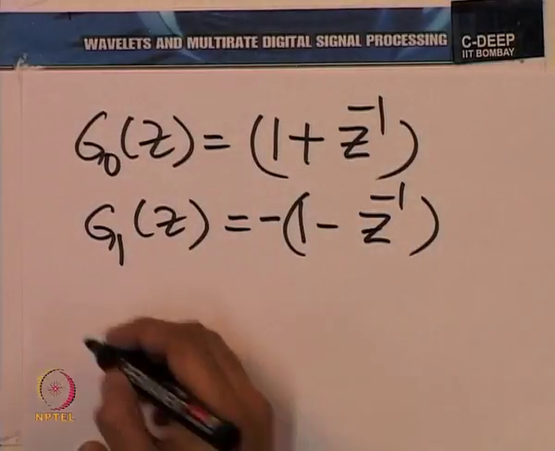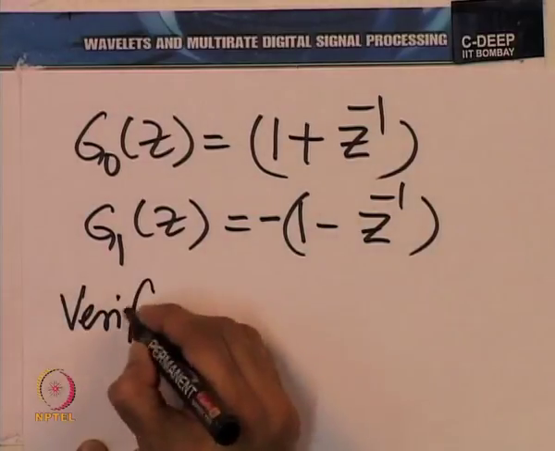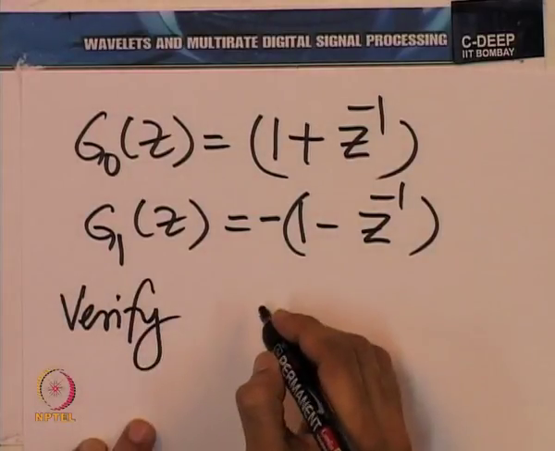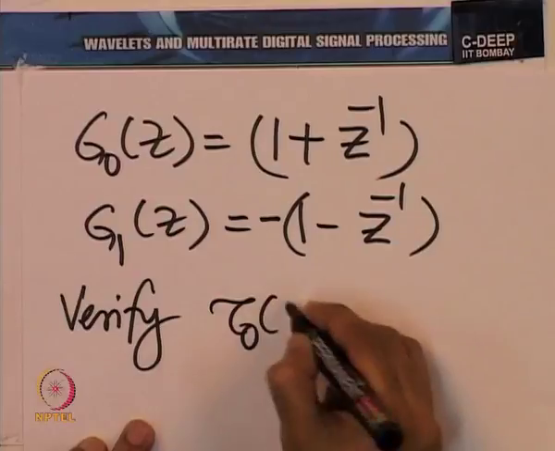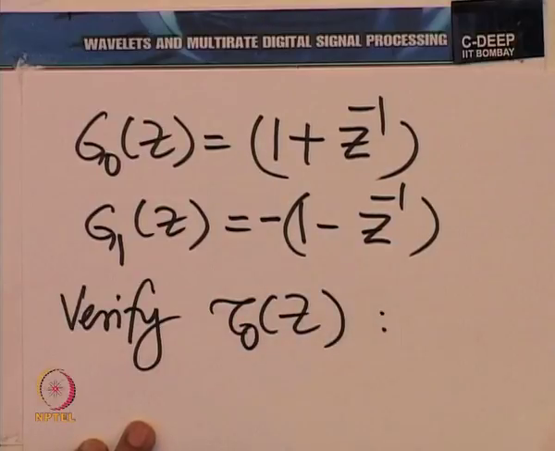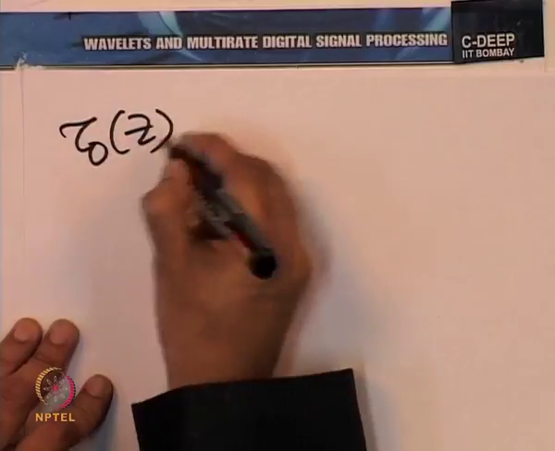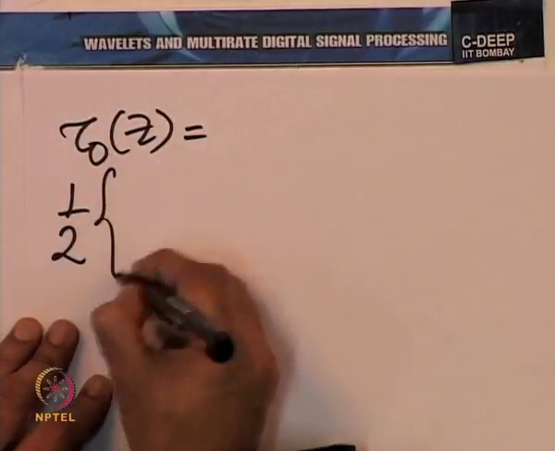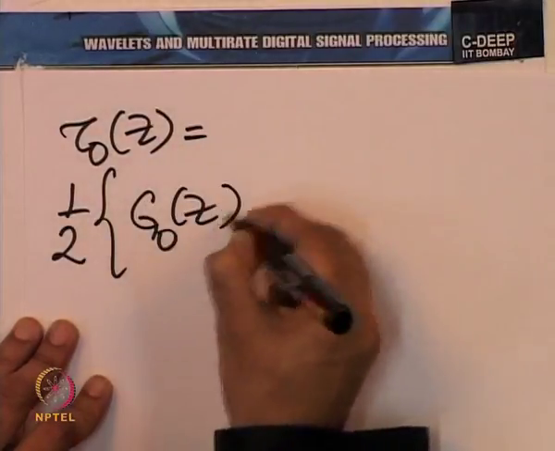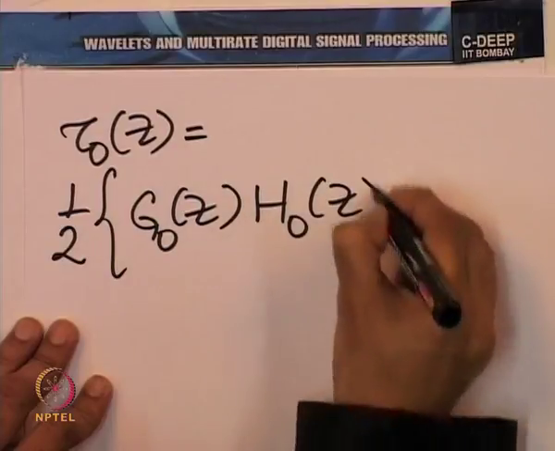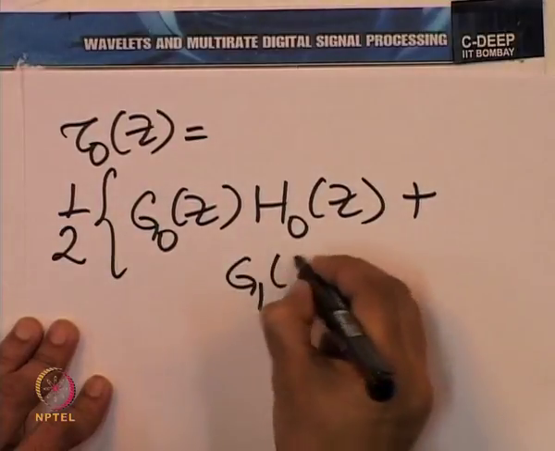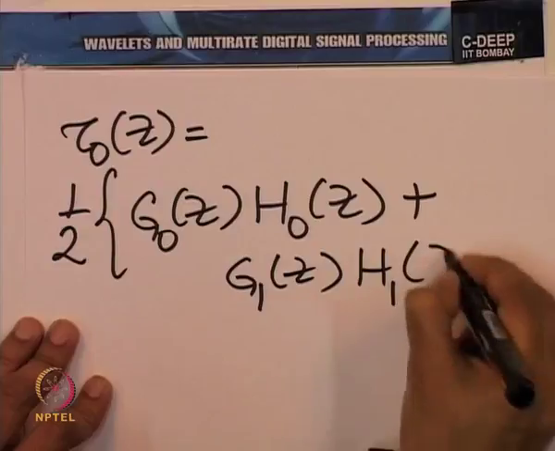And now, let us verify the perfect reconstruction condition or verify tau 0 z. Indeed, tau 0 z is obviously G 0 z H 0 z plus G 1 z H 1 z.